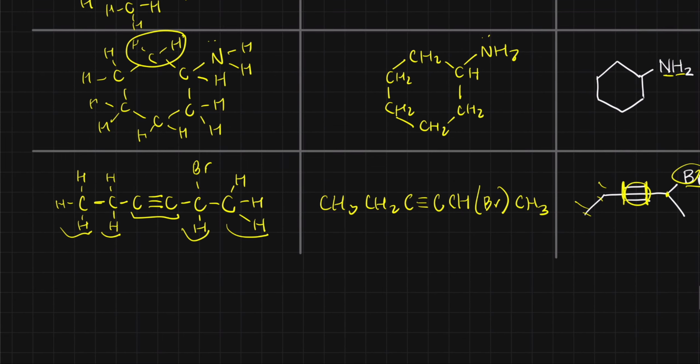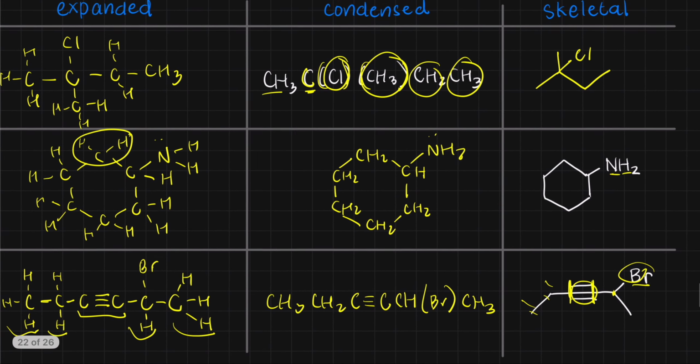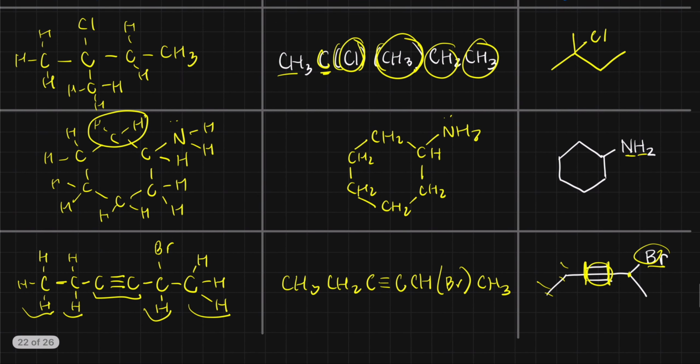So again, I hope that we were able to recall how to use parentheses, what we can condense, how to expand, and make sure that the number of bonds are correct, right? For example, this nitrogen has 3 bonds, or the chlorine only has one, so it doesn't have an H. And we will need to know how to consistently draw correct structures throughout all of the other fundamentals that we will learn in organic chemistry.